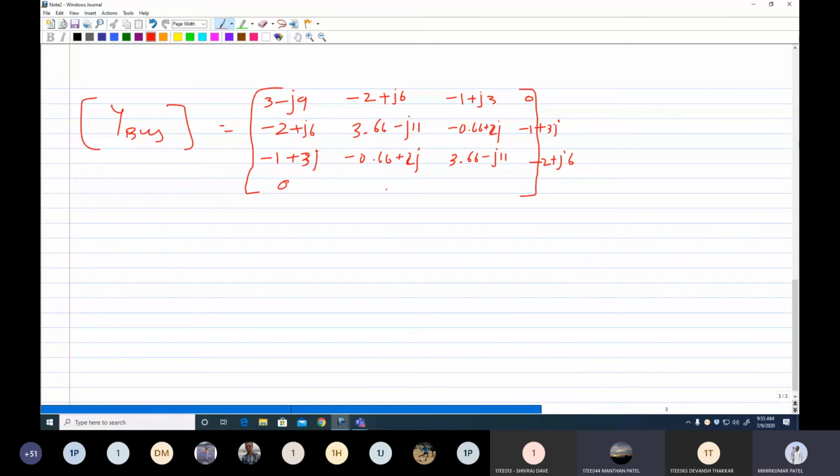What is the value of Y42? 3.66 minus j11. Value of Y42 is minus 1 plus j3.